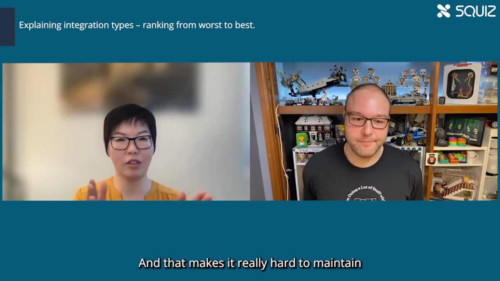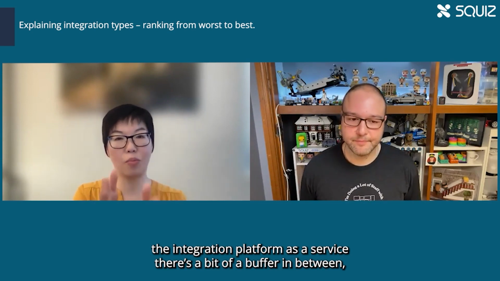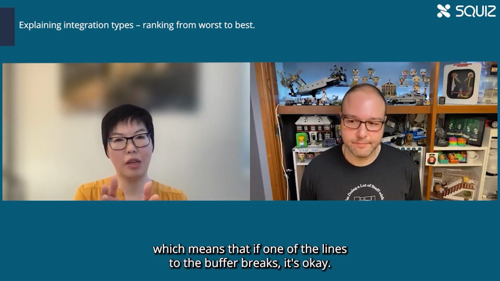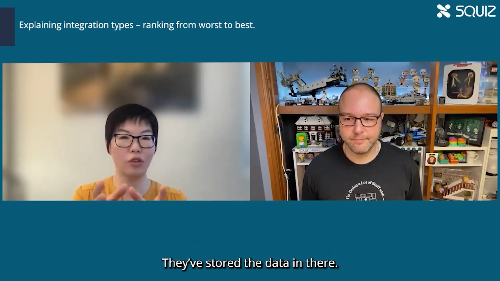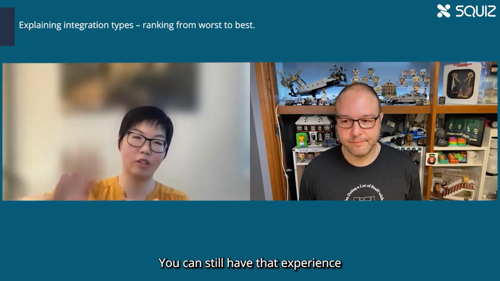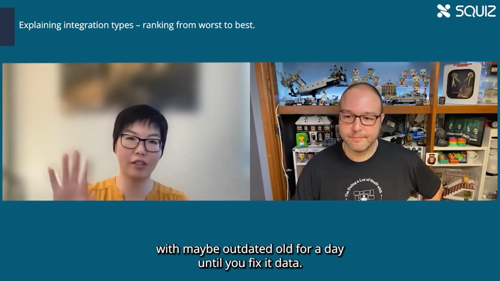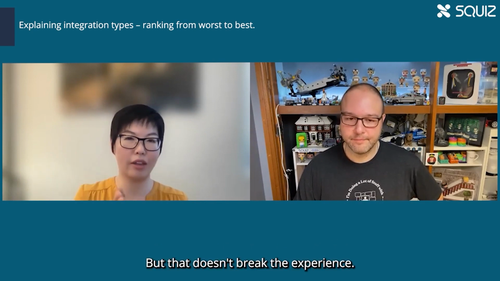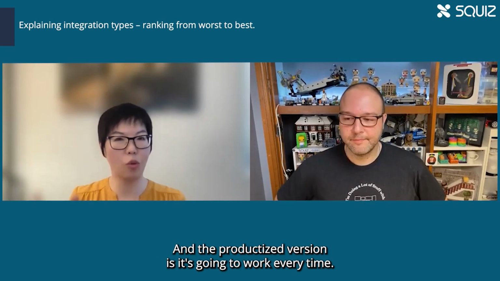And that makes it really hard to maintain. Yes. The integration platform as a service, there's a bit of a buffer in between, which means that if one of the lines to the buffer breaks, it's okay. They've stored the data in there. You can still have that experience with maybe outdated data, old for a day until you fix it, but that doesn't break the experience. And the productized version is it's going to work every time.